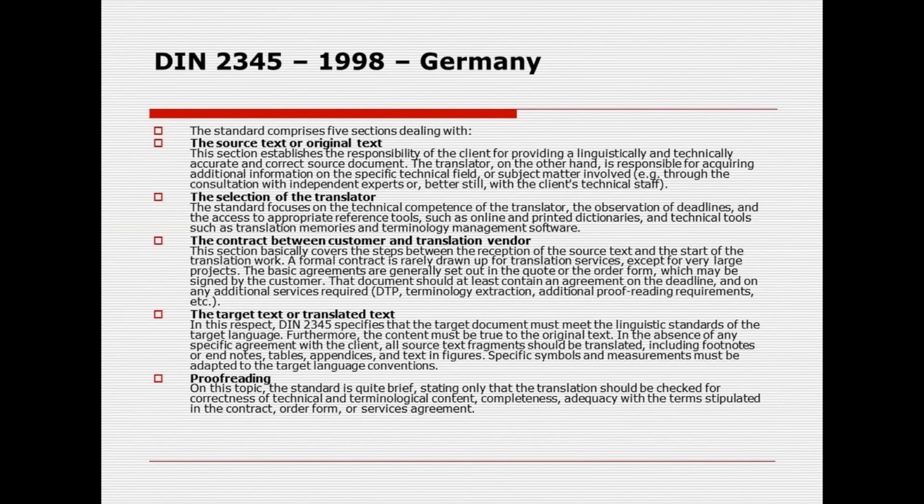However, apart from all these standards which focused more on processes, the DIN standards focused more on text, and that was original text. You need to understand what kind of text you have. Based on the nature of the text, you define the translator, and when the translator has been defined, they enter into a contract and define basic terms: which format you are reading, getting the translation, whether DTP is required or not, whether terminology is required separately or not.